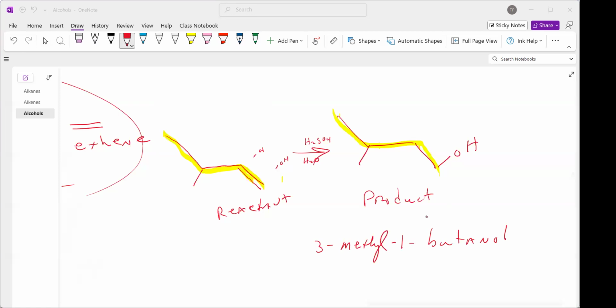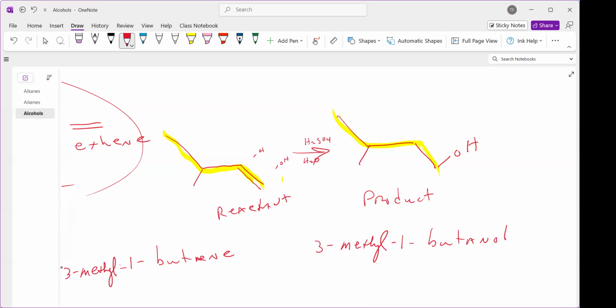Well, we've got a similar alkene on the left. So we have 3-methyl-1-butene. We're going to add some acid and water. I'm going to create 3-methyl-1-butanol.